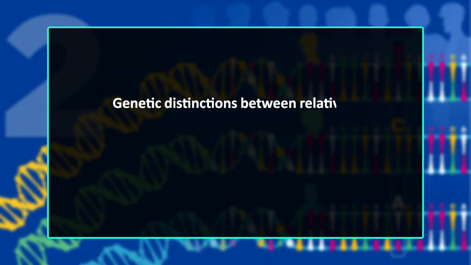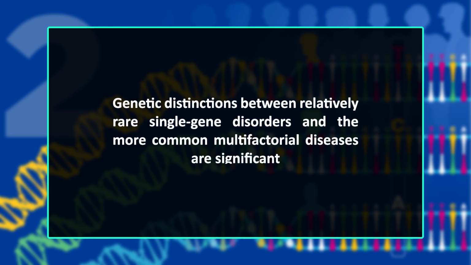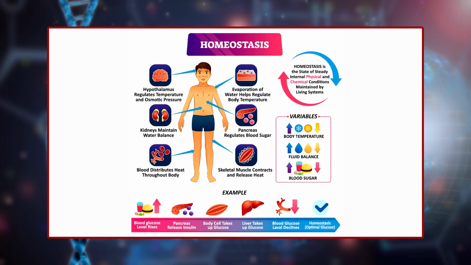The genetic distinctions between relatively rare single gene disorders and the more common multifactorial diseases are significant. Genetic variations that underlie single gene disorders generally are relatively recent, and they often have a major detrimental impact, disrupting homeostasis in significant ways.